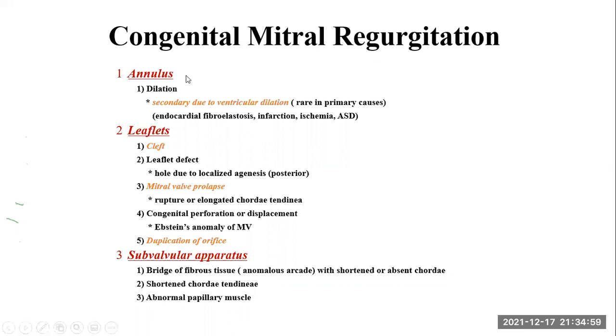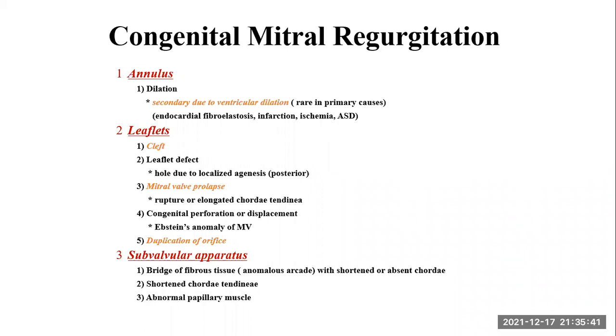First, we have a problem in the annulus, a dilatation of the annulus secondary to ventricular dilatation, could be due to endocardial fibroelastosis, ischemia, infarction, ASD. And secondly, we have a problem in the leaflets: cleft in the leaflets, leaflet defect, mitral valve prolapse with rupture and elongated chordae tendineae, congenital perforation or displacement, Epstein anomaly of the mitral valve, which is very, very, very, very rare, and duplication of the orifice like we saw before.